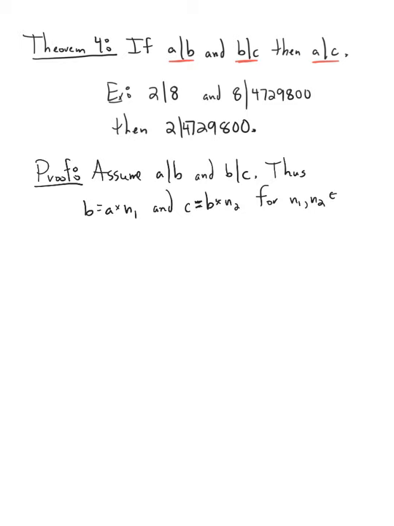I introduced n1 and n2. They're just some whole numbers. We know B is a multiple of A. That's what this is saying. Same as saying A is a factor of B. B is a multiple of A. So A times something gives you B. C is a multiple of B. B times something gives you C for these somethings. We don't know what they are. Doesn't particularly matter.